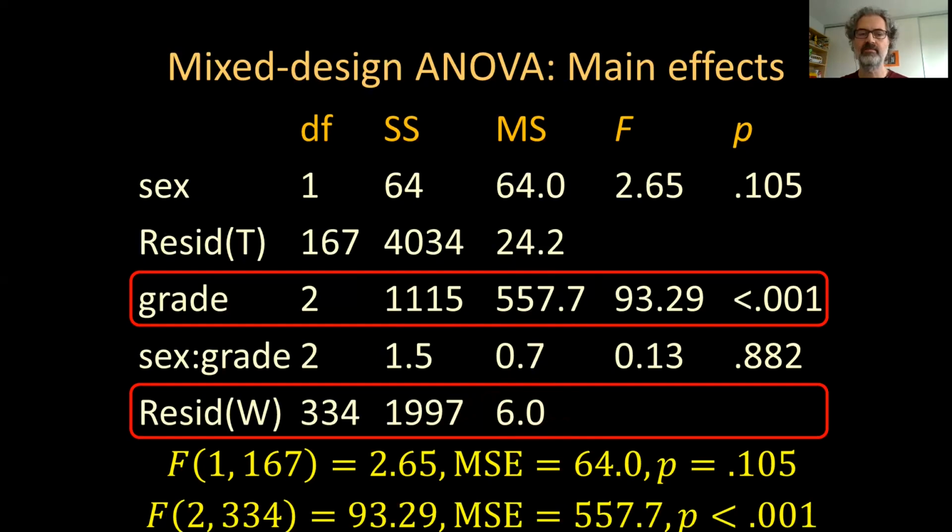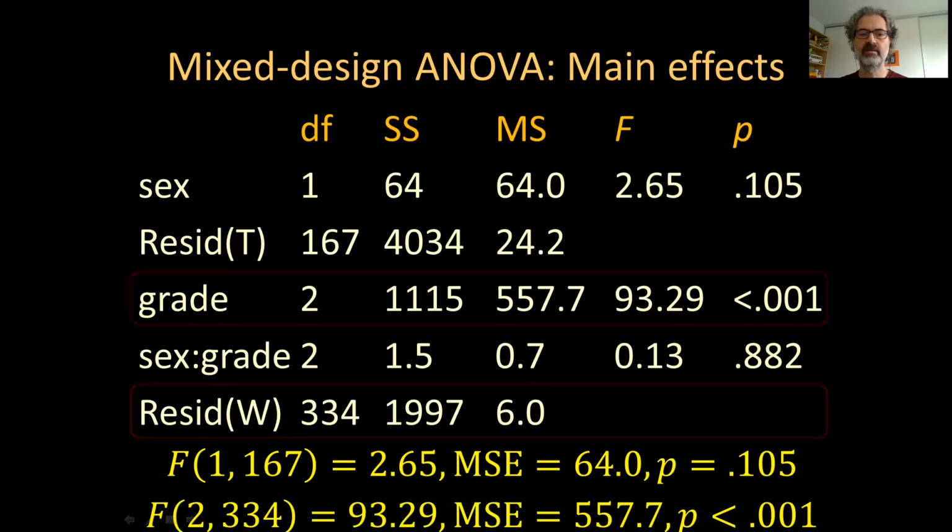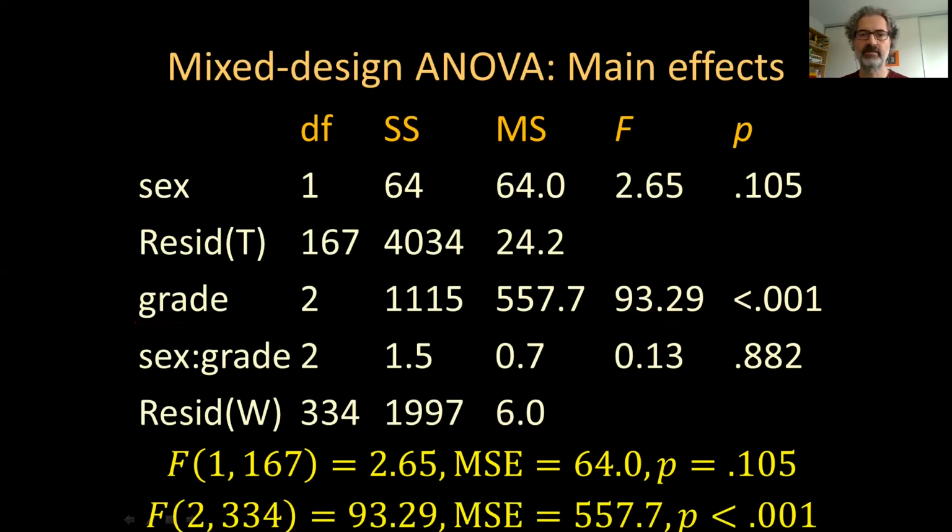So the variability within children, the differences of scores from the children's own means, that variability that is left over after you've accounted for the fact that children are tested across 3 grades. And this divided by this is a very large number. It's 93.3. And of course, the p-value is very low. We reject the null hypothesis that children's means are the same across grades. And we conclude that there are differences between grades on average for these children, as they're followed up longitudinally.